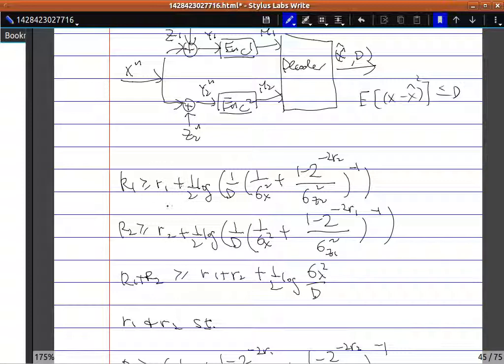So for this R1, given this small r1, we decrease the original variance of the observation, sigma x squared, to this expression here. With that, we can decrease the corresponding distortion. So instead of log sigma x squared over D, we have this over D. And similarly for R2, this small r2 is the rate for encoder 2 used to help encoder 1.